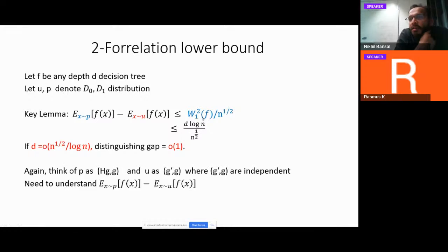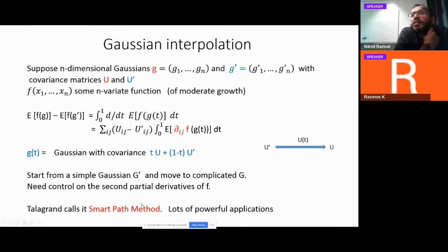Okay. All right. So how do you do this? Again, P, recall, was GHG, and U was a completely independent Gaussian, and we want to understand this gap. Here is a very powerful technique that's precisely tailored to answer this question. It's called Gaussian interpolation, and it says the following. Suppose you have two n-dimensional Gaussians, G and G prime, with covariance matrices U and U prime.